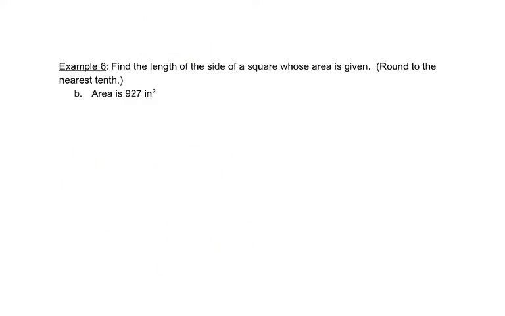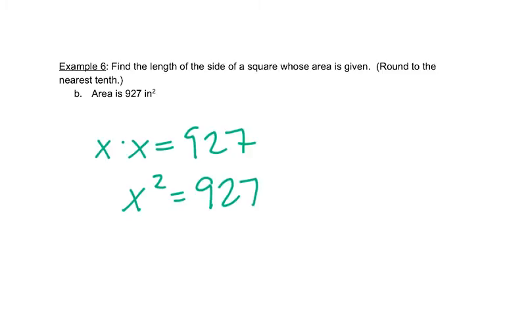We'll do another one of those now. This time our area needs to be 927 inches squared. So we have x times x is equal to 927, or x squared is equal to 927. We'll take the square root of both sides.